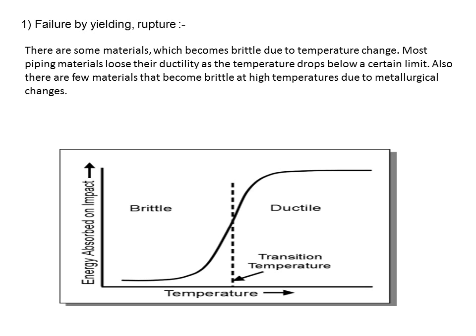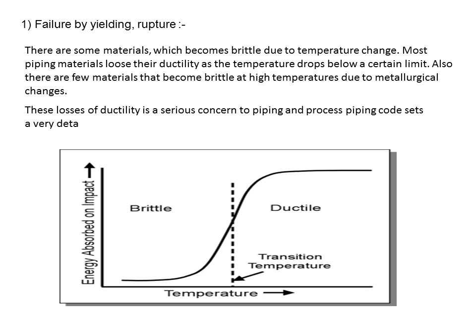And this is true for carbon steel, wherein the material which itself is ductile becomes brittle below a particular temperature. In some materials, this behavior is shown at an elevated temperature. That is, when we have a higher temperature, the material turns brittle again. This loss of ductility is a serious concern to piping, and the process piping code sets very detailed requirements on materials at these temperature changes.